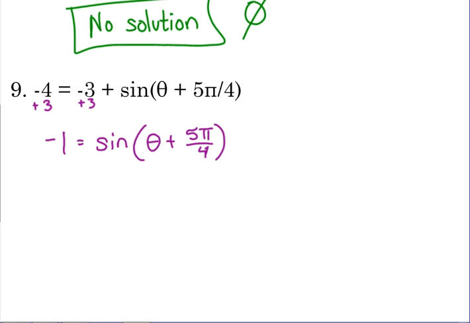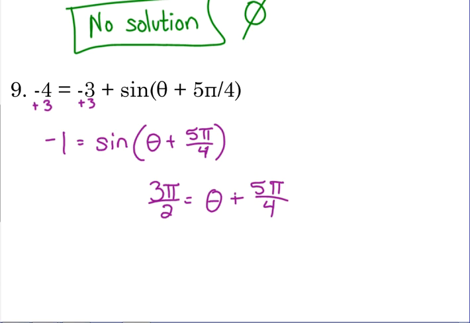All right, so where is the y value equal to -1? 3 pi over 2, okay? Well, this time that's not equal to theta. That's equal to theta plus 5 pi over 4. Theta was not the only thing inside the trig function. It had theta plus 5 pi over 4. So 3 pi over 2 is equal to this.